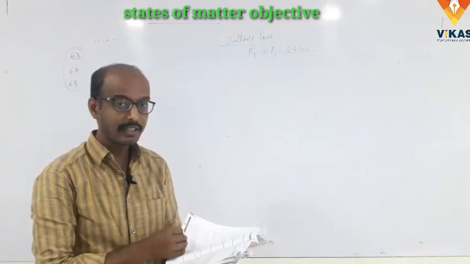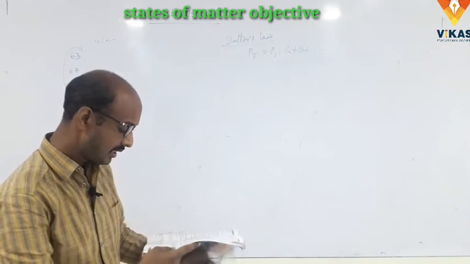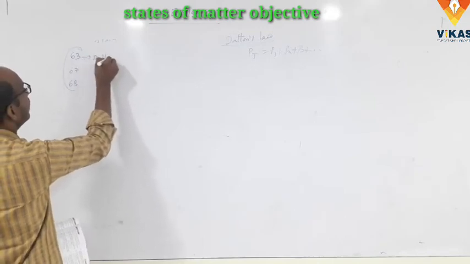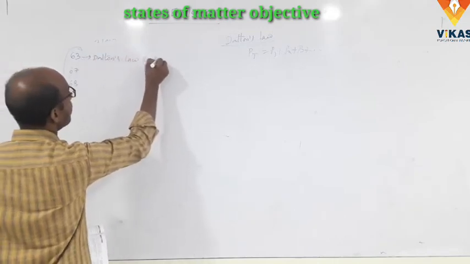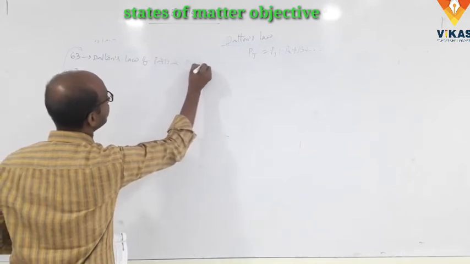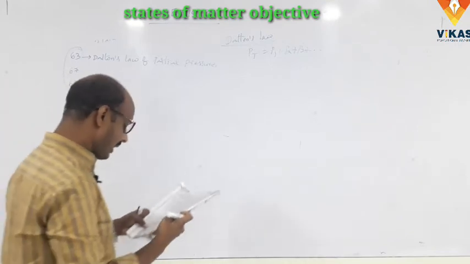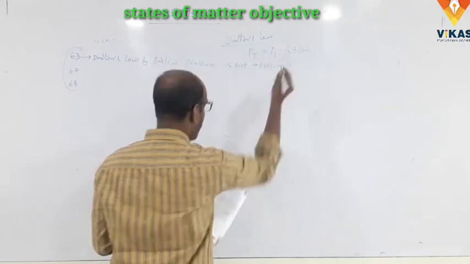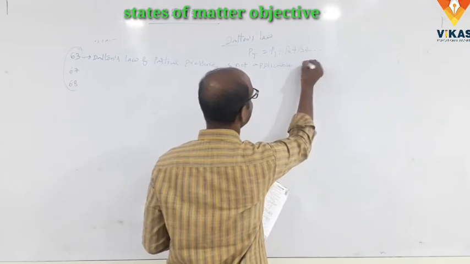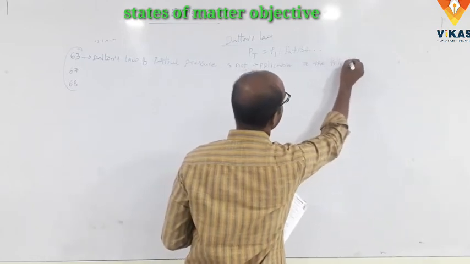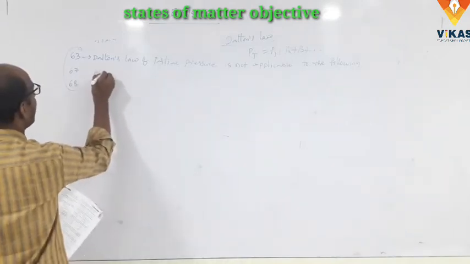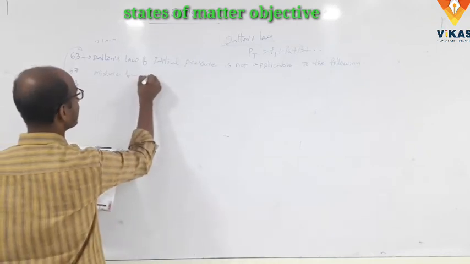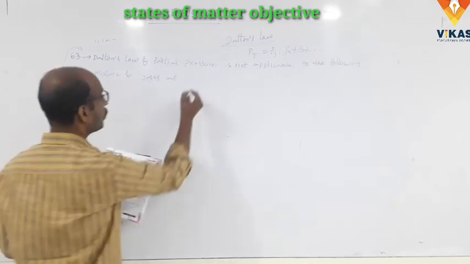ఆ ఎగ్జాంపుల్స్ బేస్ చేసుకొని మనకి 63, 67, 68 క్వశ్చన్స్ వస్తాయి, మనకి ఈజీగా వస్తాయి. ఒకసారి చూడండి, ఒక క్వశ్చన్ చెప్తాను, మిగతా మీరు ఒకసారి హోంవర్క్ చేయండి. క్వశ్చన్ నెంబర్ 63: Dalton's law of partial pressure is not applicable to the following mixture of gases at room temperature.